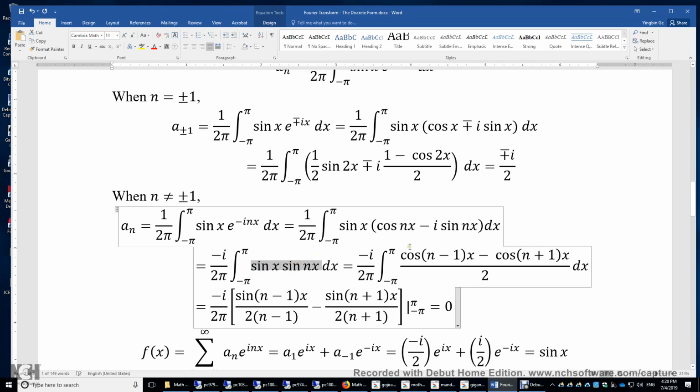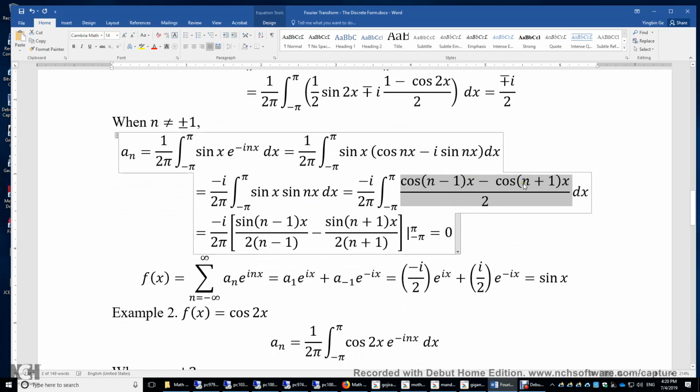Sine x times sine nx can be expressed as the difference between two cosine functions here, with minus 1 here and plus 1 here. Then we integrate those two cosine functions, and we get two sine functions. Again, we plug in the values of x, and we get 0 here and 0 here. Regardless of the sign of x, the sine function of an integer multiple of pi is 0.